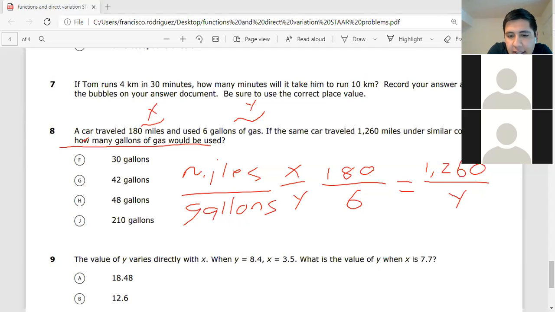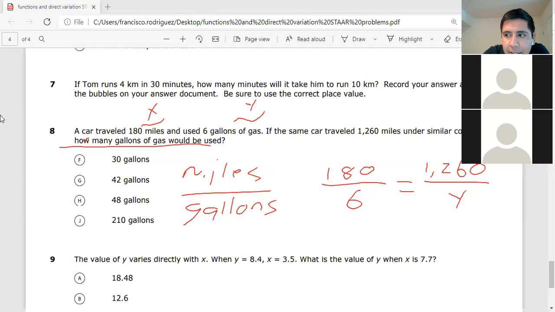We're just doing the exact same thing, but with actual numbers, not just variables. So you do that, and then you figure out the miles under the same circumstances.